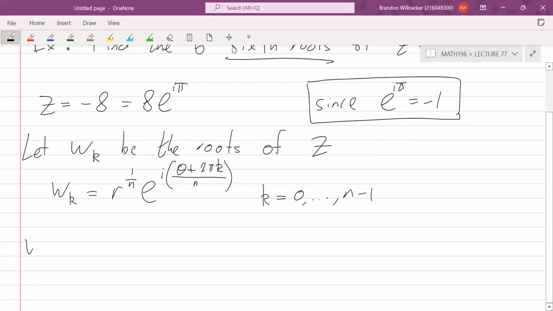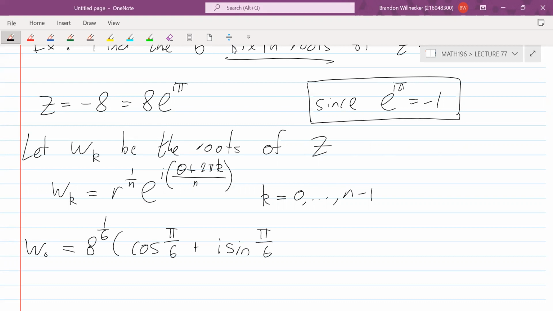So w_0, that's the first one. That's going to be 8^(1/6) because n is 6, times cos(π/6) plus i sin(π/6).